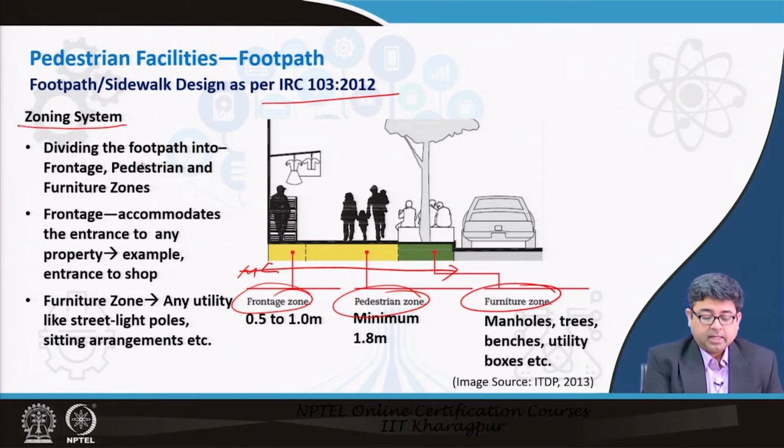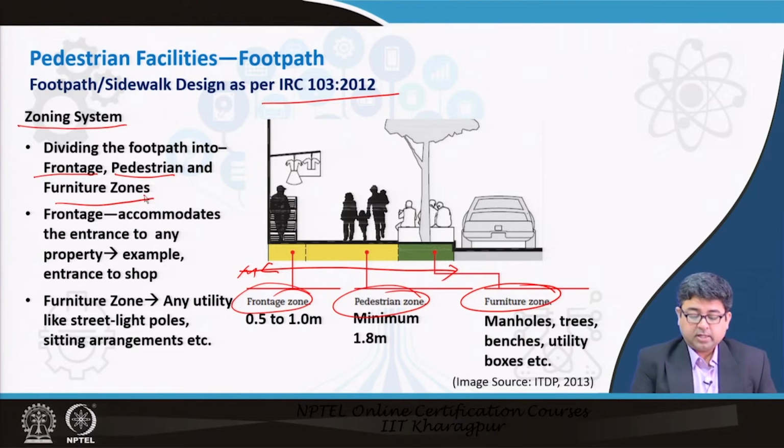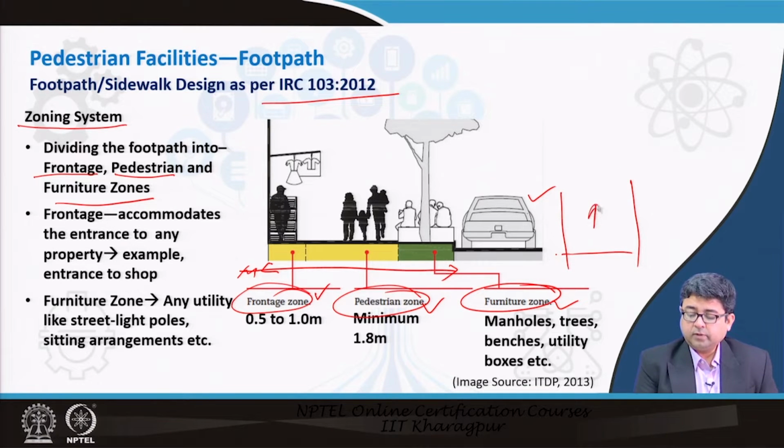This sidewalk is divided into a frontage zone, a pedestrian zone and a furniture zone. So, there are 3 different zones, and then comes the right of way or the carriageway, where you have maybe on-street parking and then you have lanes for vehicles to move along.